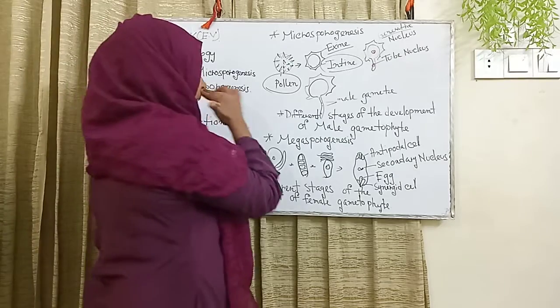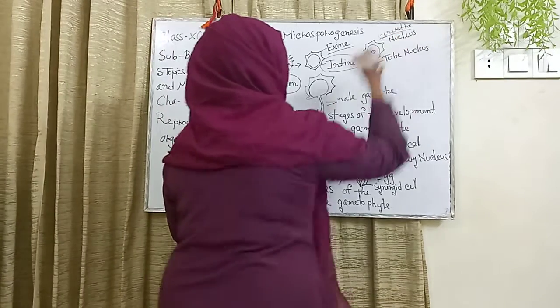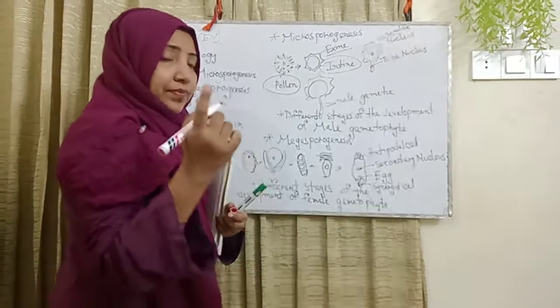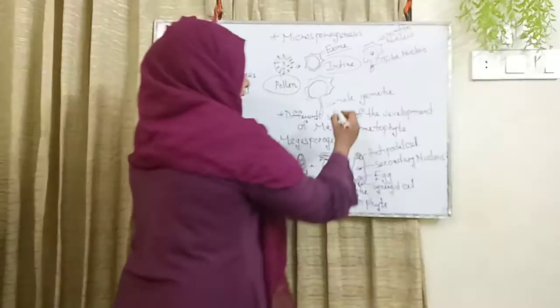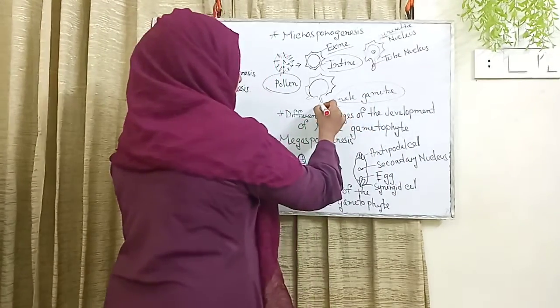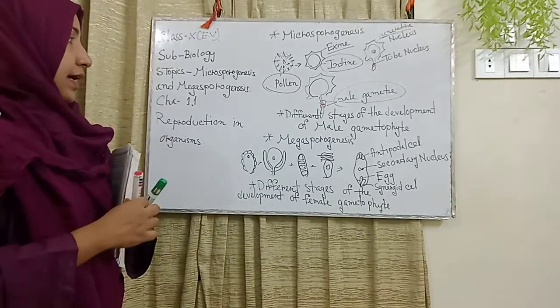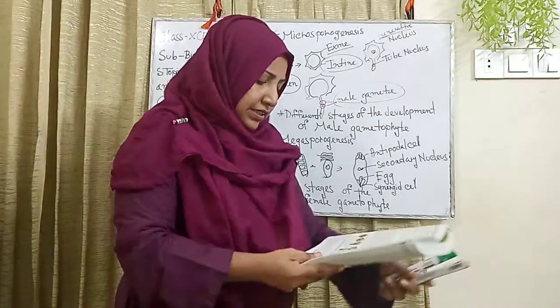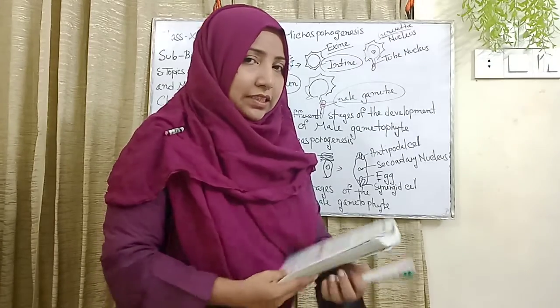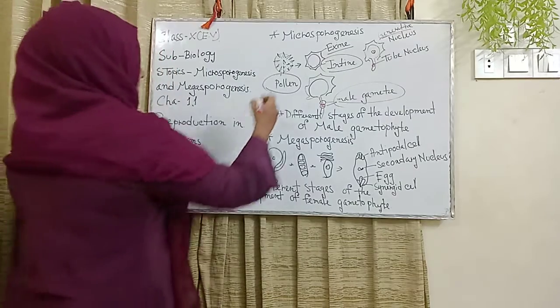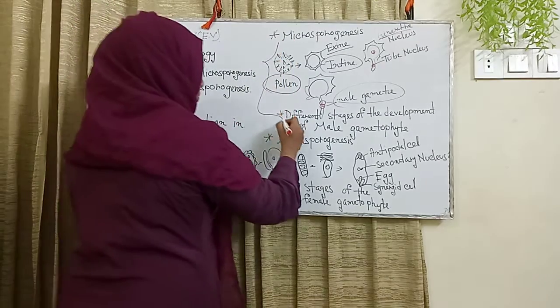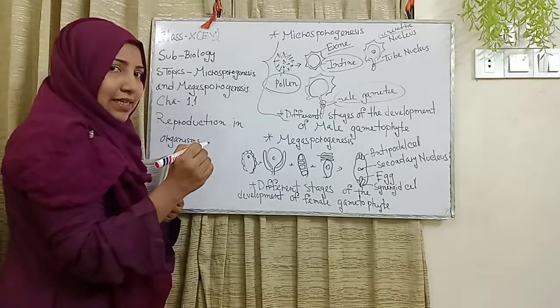The male gametes come from the generative nucleus. Here the 2 structures are the male gametes. Here I have drawn microsporogenesis and the male gamete.